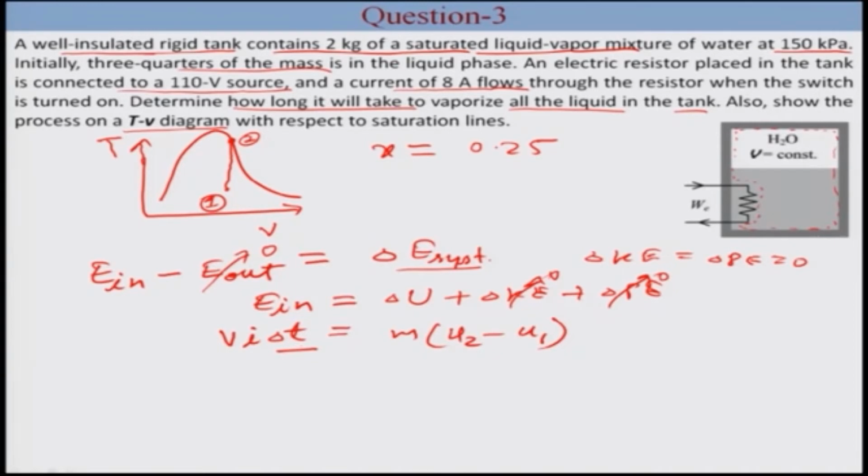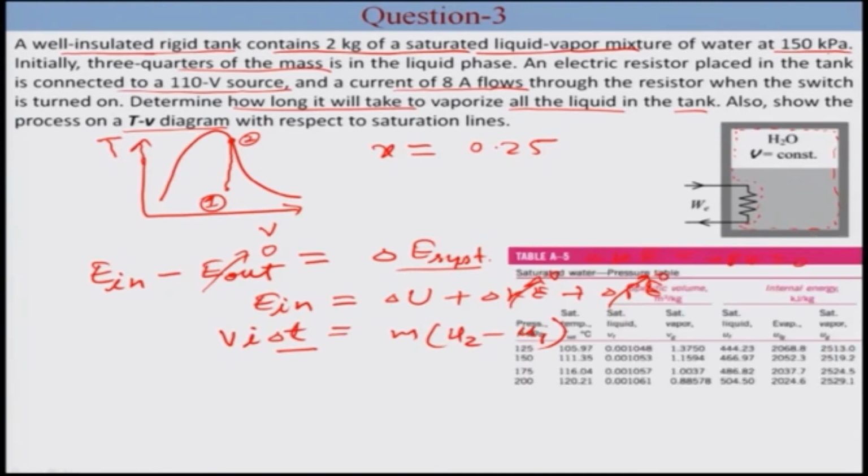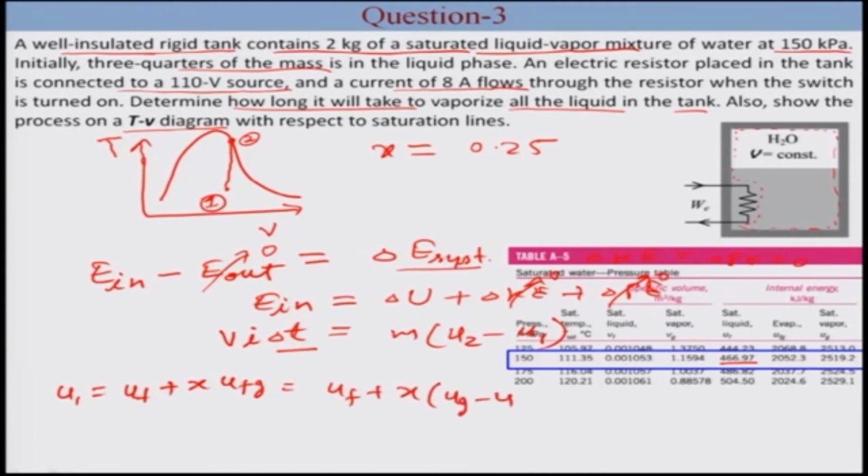For that we need to know u2 and u1, and we know V and I. Initially, the pressure is given as 150 kilopascal, so the corresponding internal energy can be calculated as u1 equal to uf plus x times ufg. uf is here, this one, and ufg is nothing but ug minus uf, which is this one.